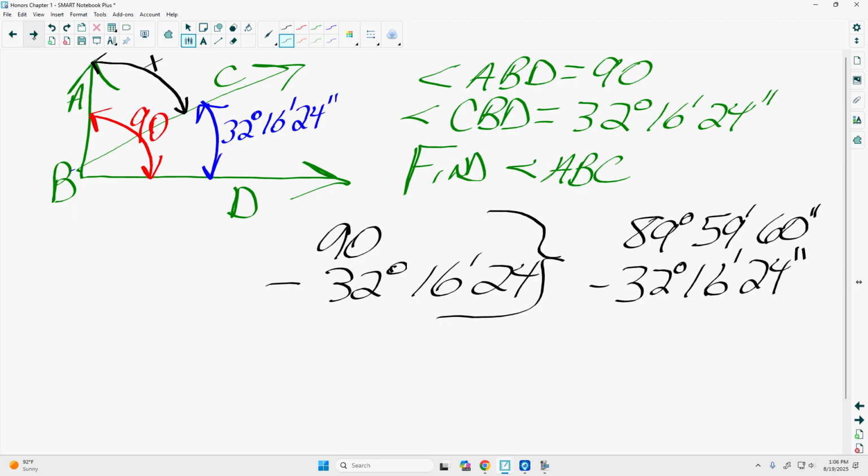How is the middle one 59 and also 60? It used to be 60, but then I was like, oh crud, I still have to subtract 24. The 60 was already in the minute.